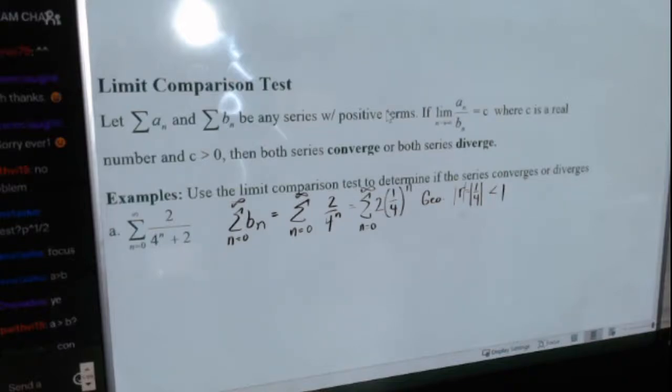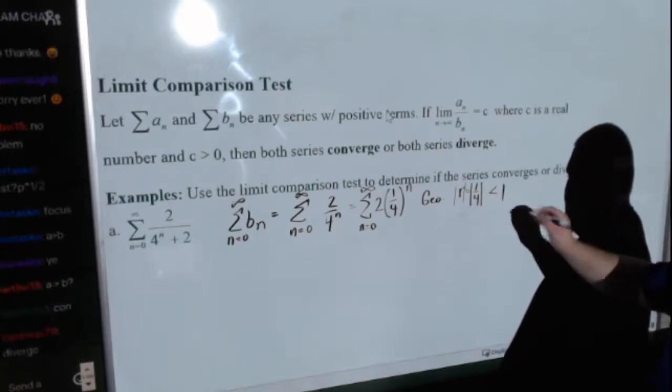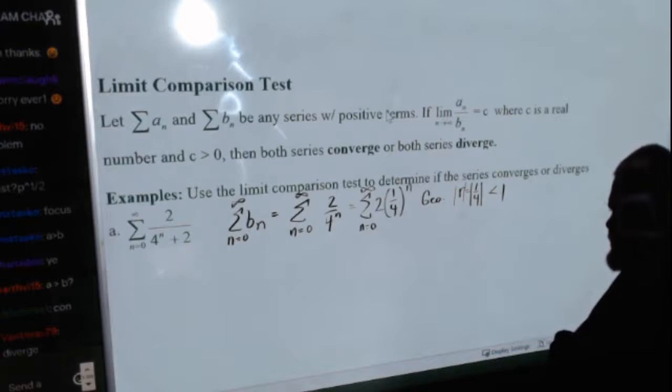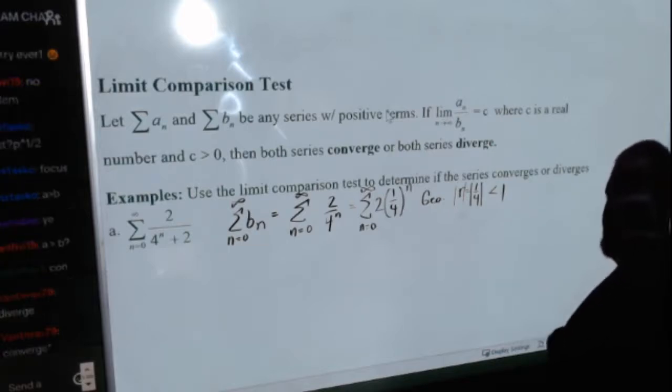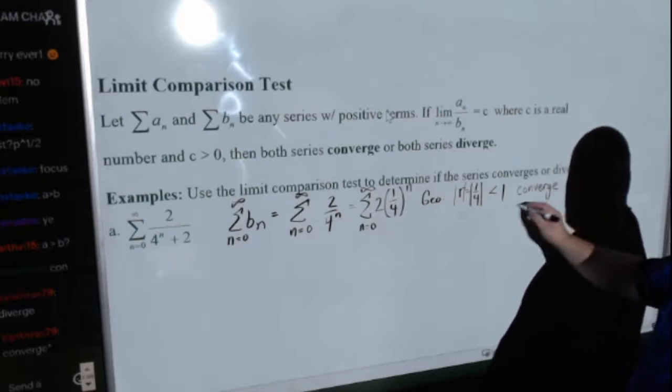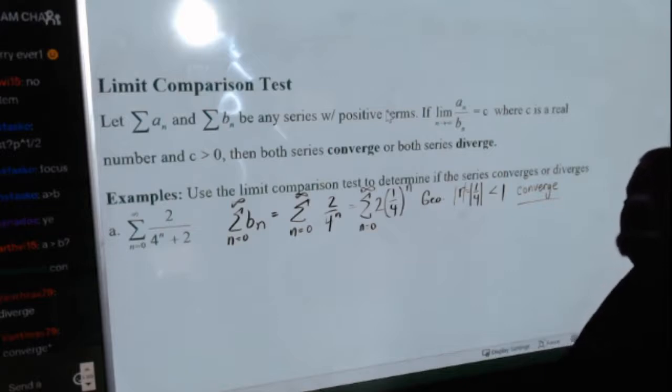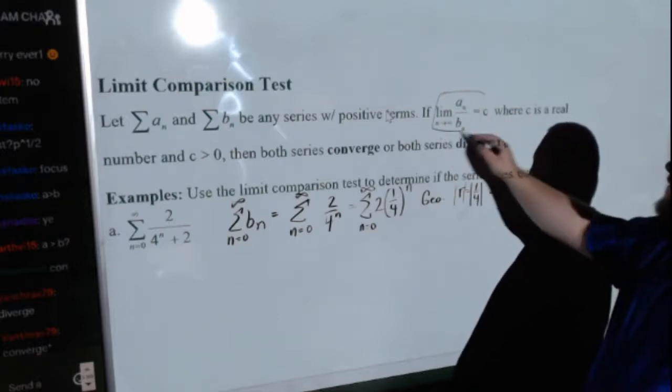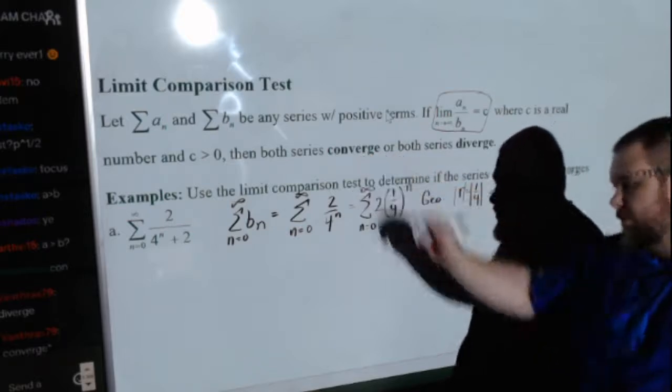Okay, got one answer. Anybody else want to weigh in? Right, so this is converge. So B sub n converges, which means if we then can prove this, A sub n will also converge.